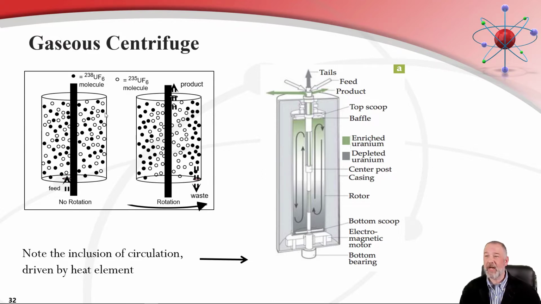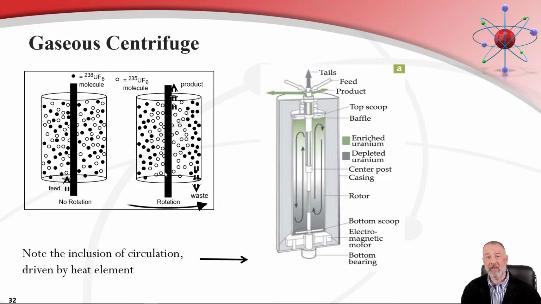So in our simple little diagram right here, we see that we're starting out with a generally fully mixed UF6 with our 238 and our 235 molecules just randomly distributed. Once we start spinning up that cylinder on its center axis of rotation, we're going to find out that the 238 molecules, being slightly heavier, are going to want to move, generally speaking, towards the outside, while our lighter 235 molecules are going to want to stay more towards the middle.